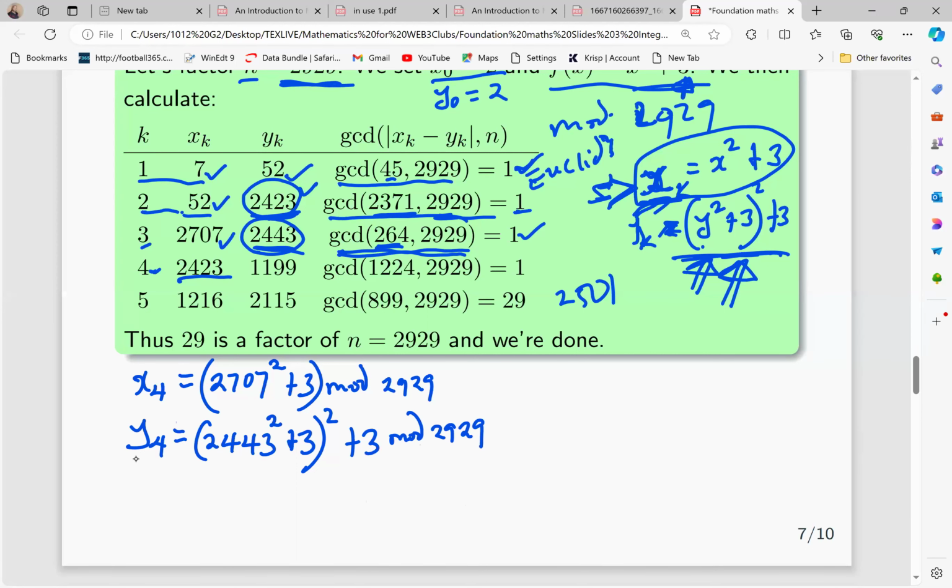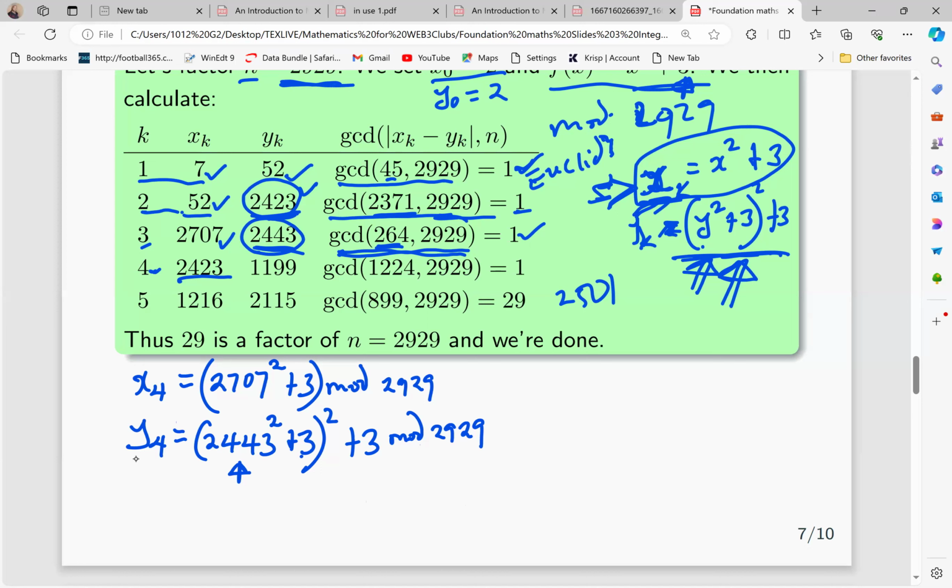You can see how big this value is. Square it, add 3, then reduce it. Let me just do this part of Y4. We first work out the bracket before squaring, because when you square it, it will be a very huge number.